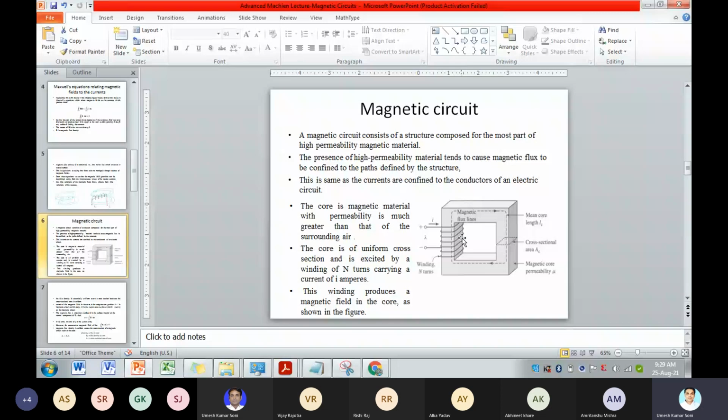In the same manner, this is the closed surface for the flux.